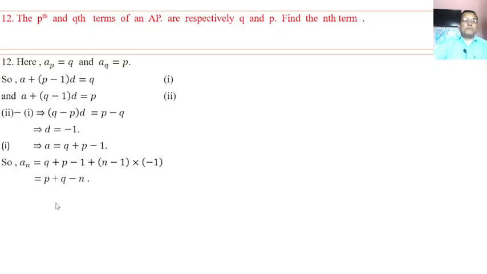We have P plus Q minus N. The N term is the pyramid number, so P and Q are the pyramid numbers. The unknown number is applicable.